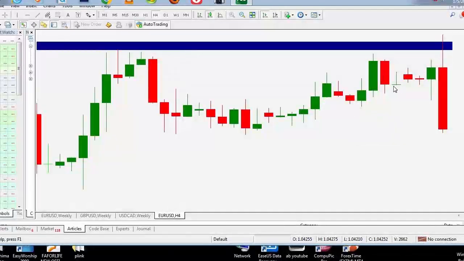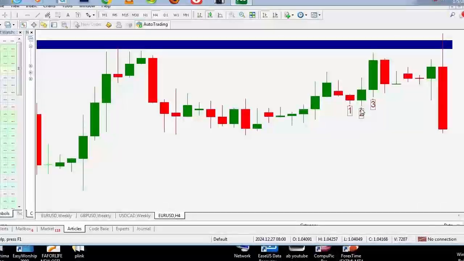So we look to the right this way and look for a scenario where we see 3 candles like this, a swing low. 3 candles form a swing low like this. This is candle 1, candle 2, candle 3. I'll label the candles out for you to see. Good. So this is candle 1, candle 2, candle 3.